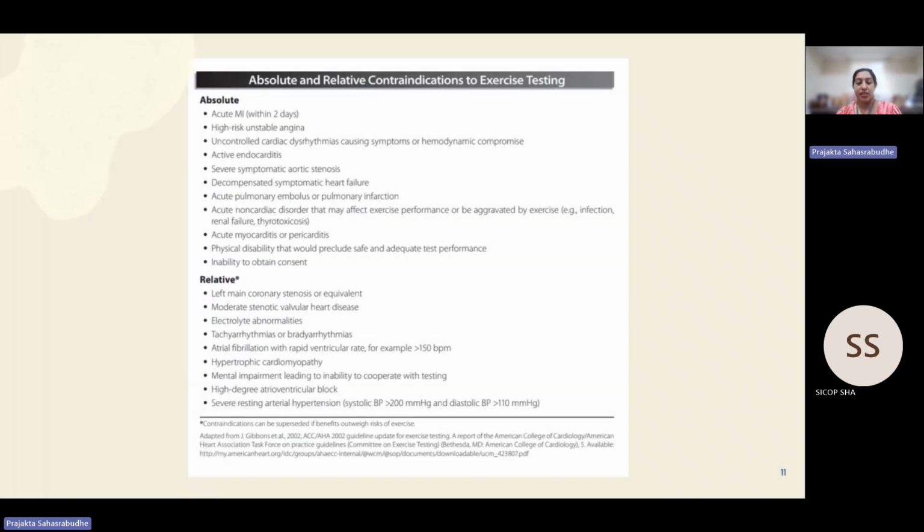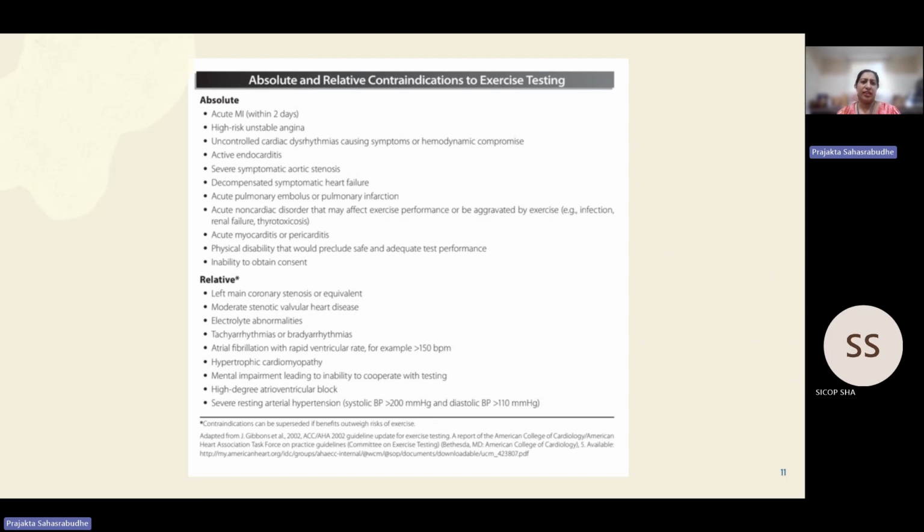So how is the exercise testing done for these individuals? It has to be any graded maximal exercise testing protocol. There has to be a quick screening or a list of contraindications which we will have to just go through, and we'll have to make sure that if we are going for a graded maximal exercise test, these things are not there in the patient.